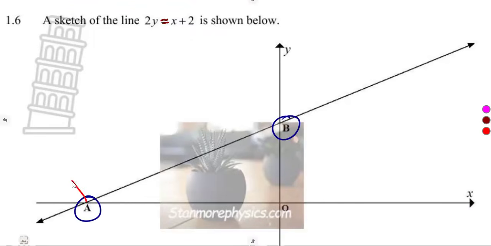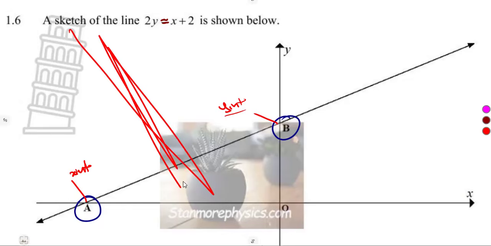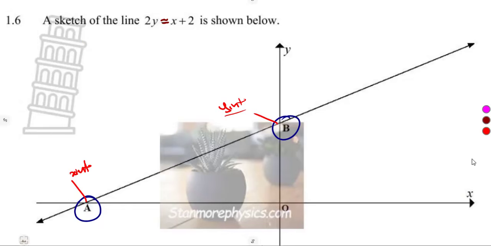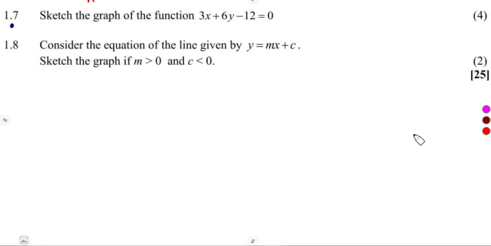Meaning to say, if I have the x-intercept and the y-intercept, it is enough for us to sketch a line. Remember this, it was a sketch. So we want the same thing. Let's do the same thing. So in order for us to have this sketch on 1.7, we just need the x-intercept and the y-intercept.